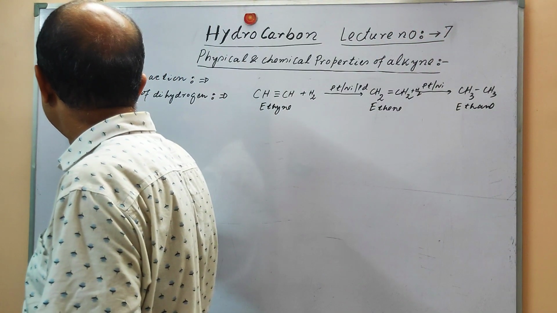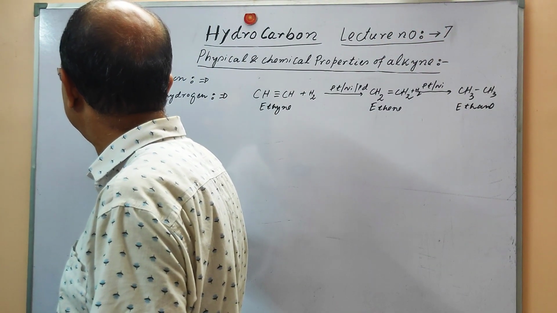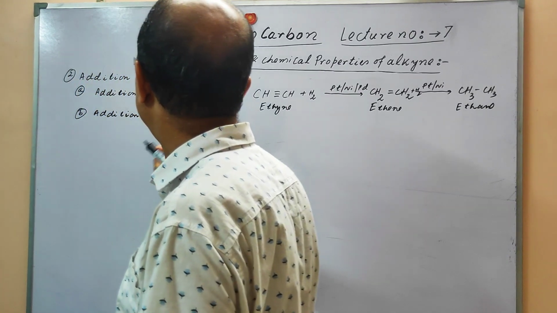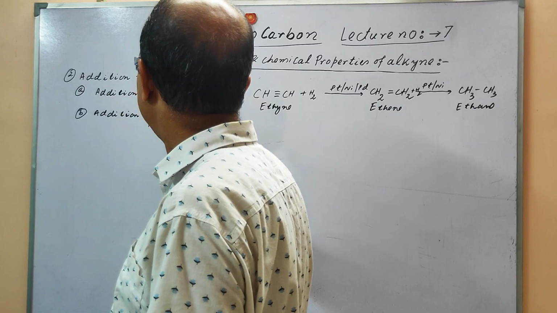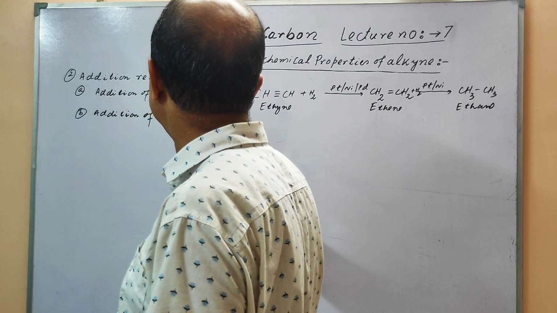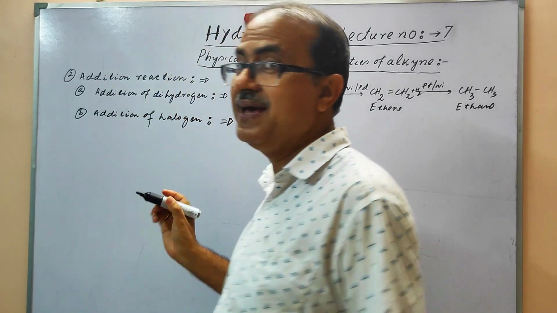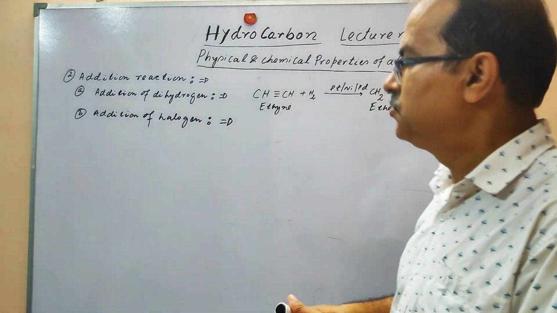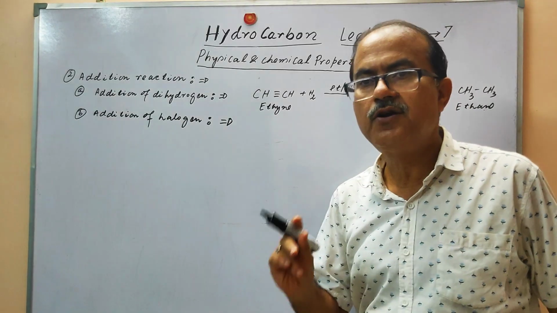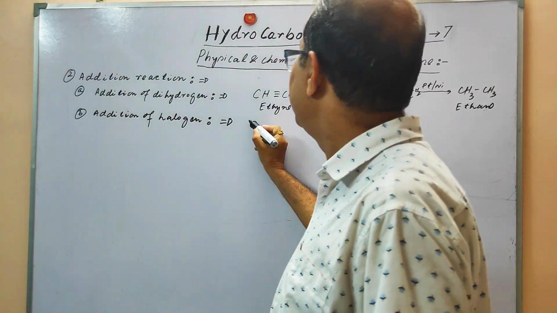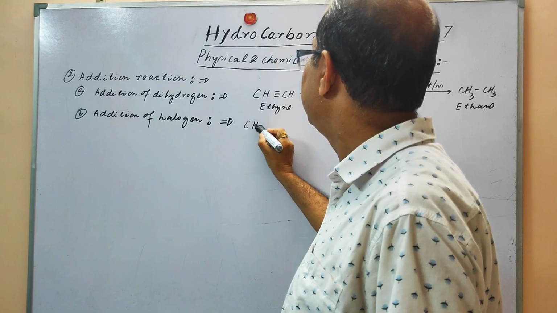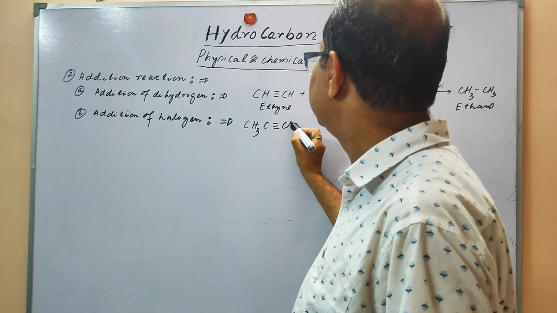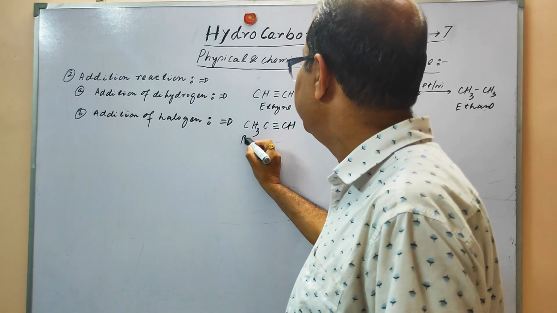Similarly, you can have the addition of halogen. Halogen can be added like hydrogen, as we have observed in case of alkene. Now we are going to discuss the addition of halogen. In this case, we have taken one hydrocarbon, CH3, C triple bond CH. This is propyne.